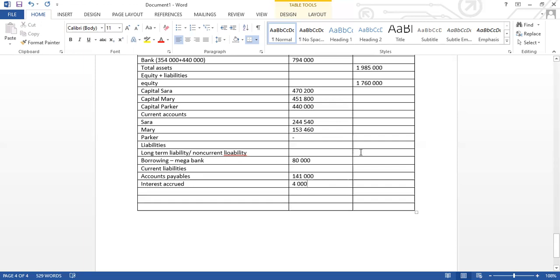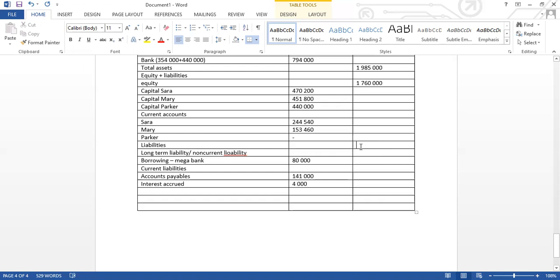So our long-term borrowing is how much? 225,000? No. How much? That one is just 80,000. Sorry, I actually wrote it in the wrong column.